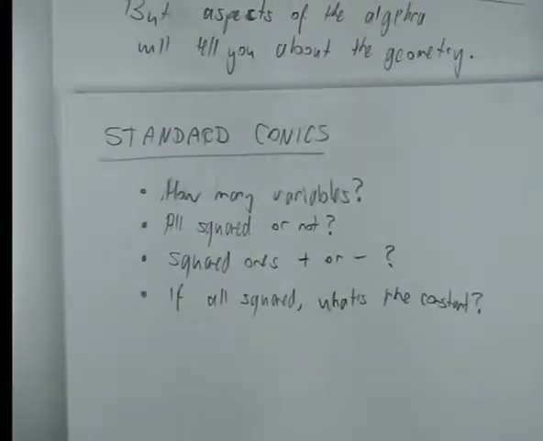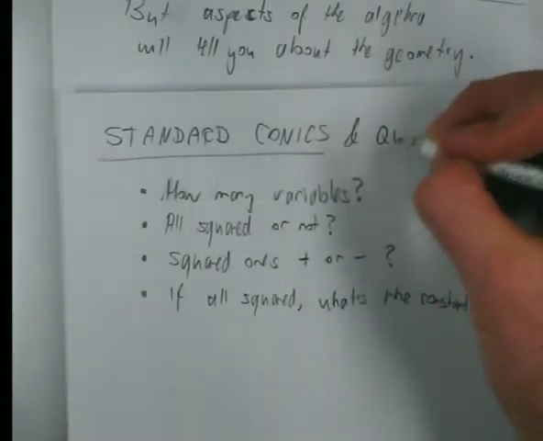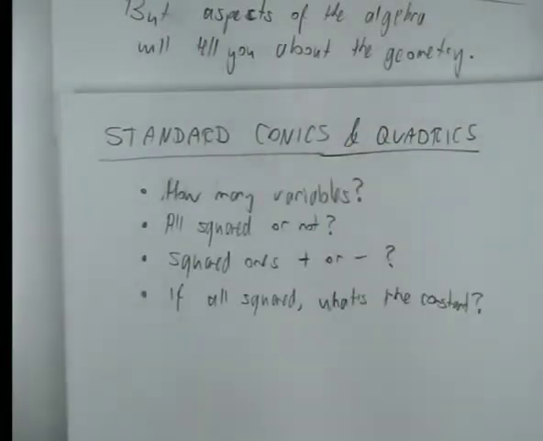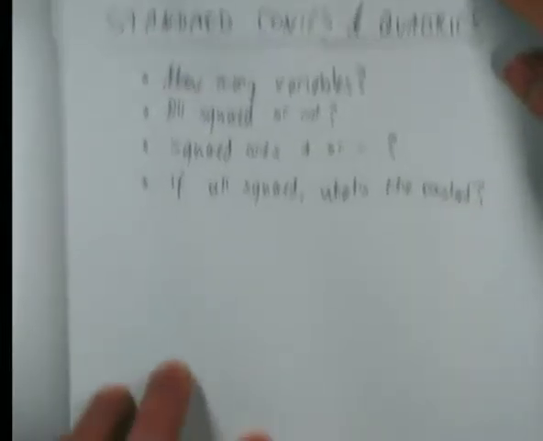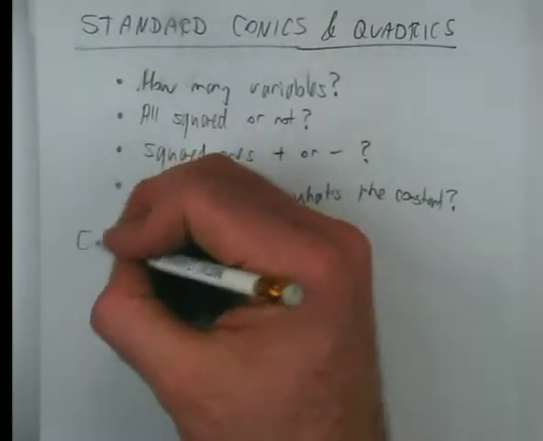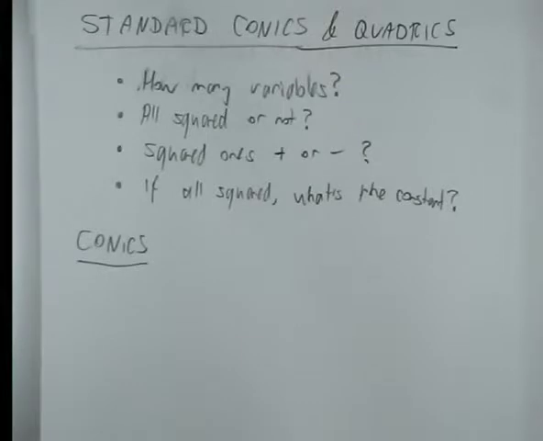Now in 2 dimensions, I'm just going to add this, it's much easier because there's less options for what could happen. So, your standard conics and quadrics, so I'll do conics first. So conics are in 2D, so it'll only be an x and or a y.